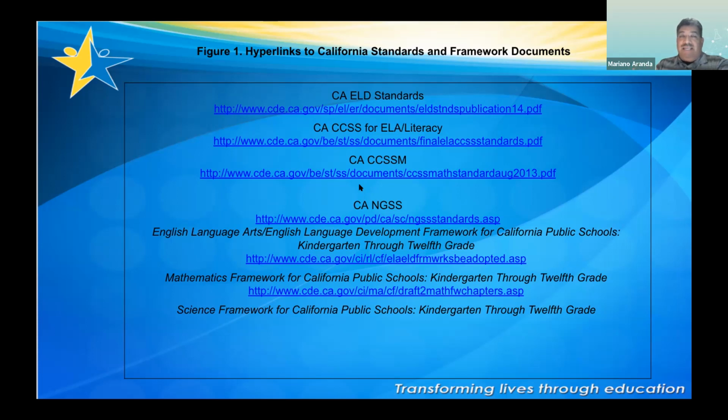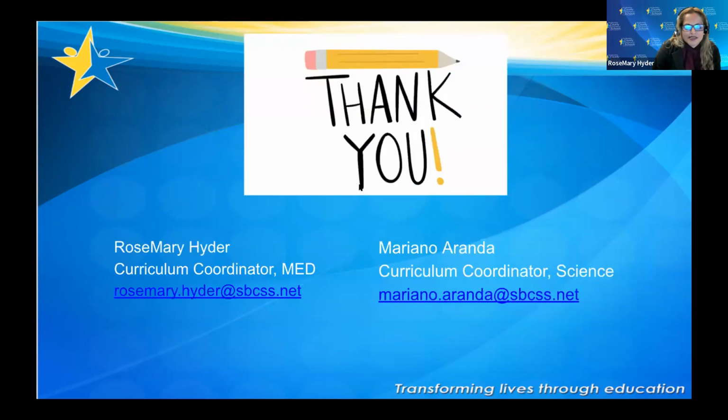So it's really aligned now with science too. And so that's what we have here, the California NGSS, both K through 12, and the new math framework that's coming up. So all this information is there if you need it. And in the math framework that's coming out, chapter 2 is all on English learners.